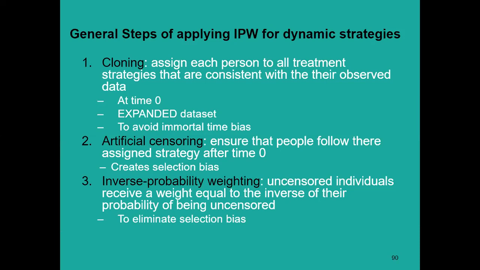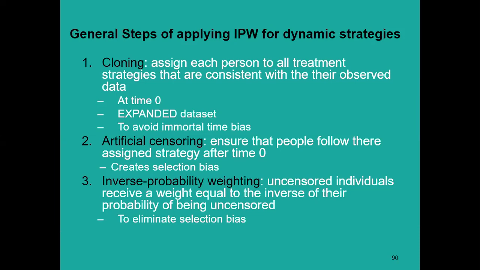Those publications are very helpful for us to understand how we do cloning and how we assign treatment strategies at time 0. Step number 2 is artificial censoring. This step is to ensure that people follow their assigned treatment strategy after time 0, meaning that once they deviate from their originally assigned treatment strategies, we artificially censor them. By doing so, we artificially create selection bias.